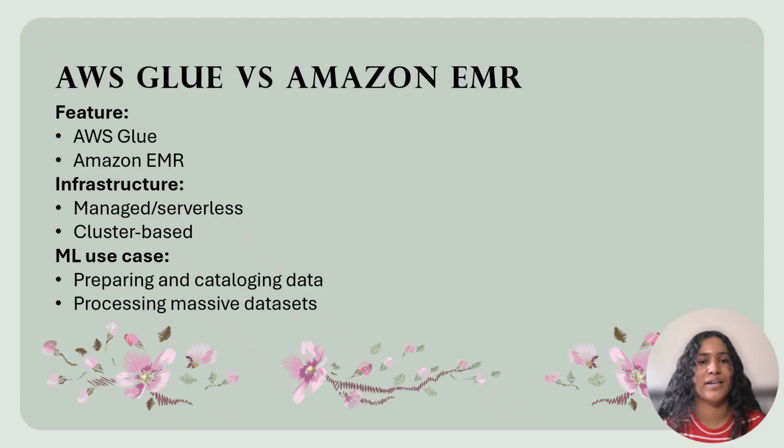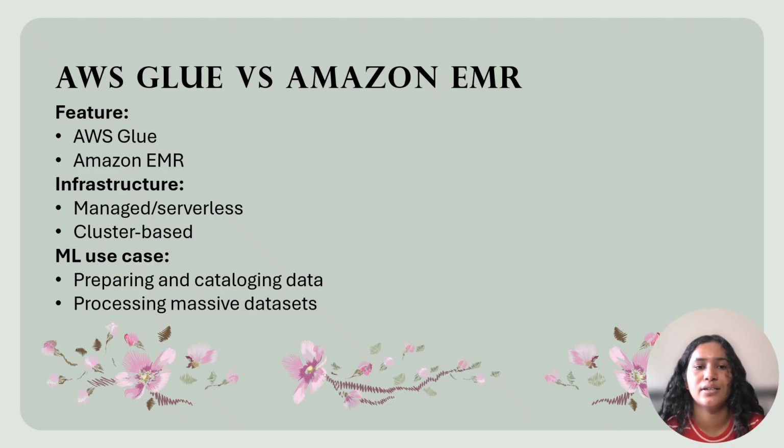AWS automatically handles the infrastructure, making Glue easy to set up and maintain. AWS Glue is primarily used for preparing, cleaning, transforming, and cataloging data before it is used for analytics or machine learning. It is a great choice when organizations need a simple and automated solution for ETL tasks.